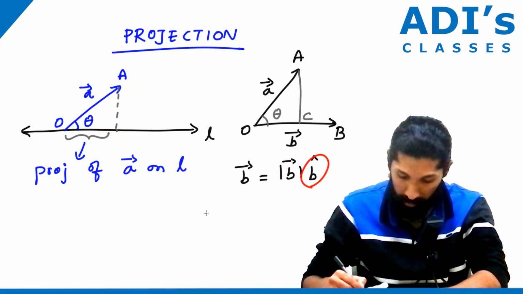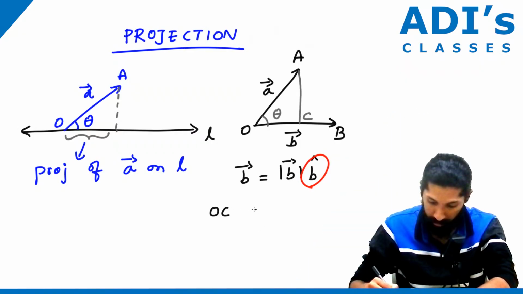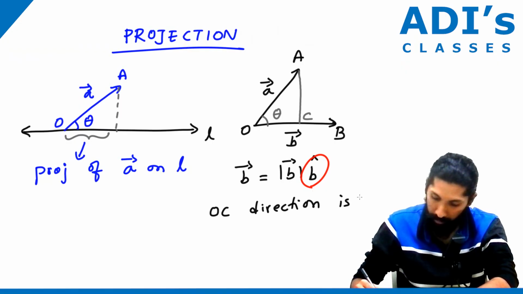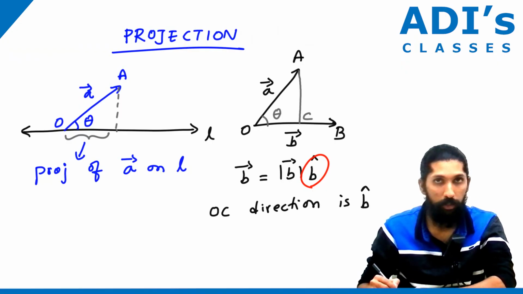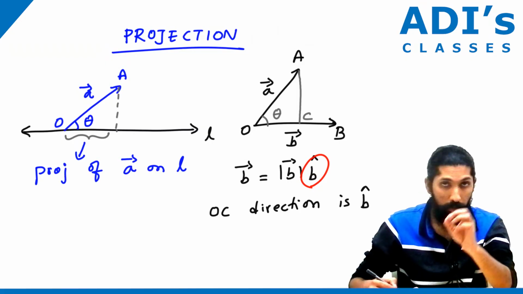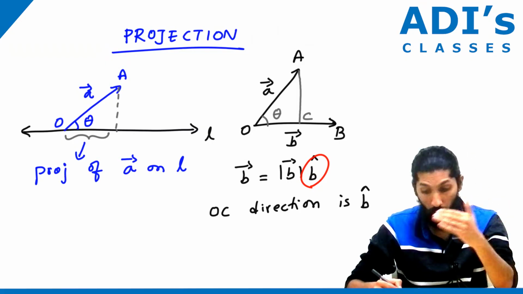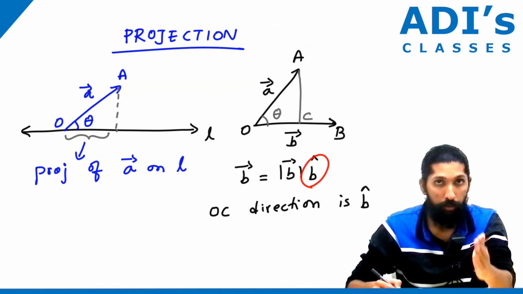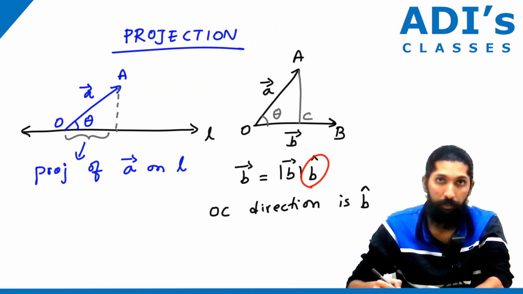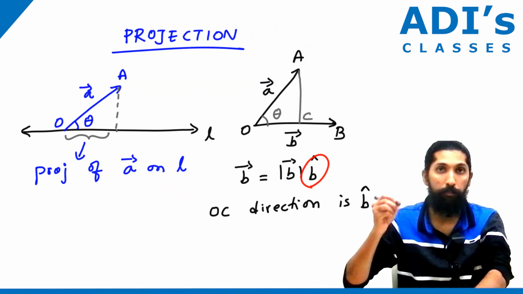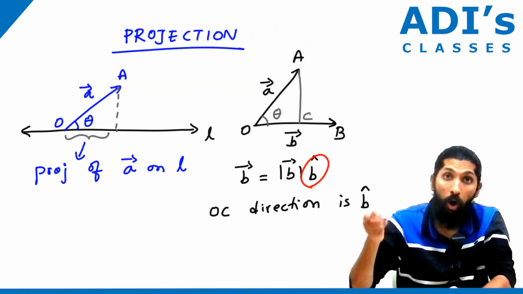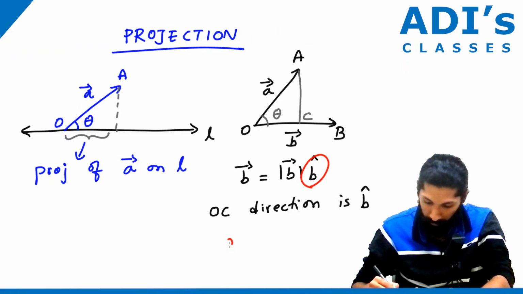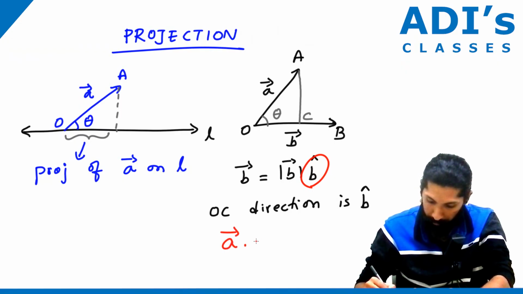So we can say OC direction is B cap. This much we understood now. So what we got is that vector A is projecting on OB here, or you can say that vector A is projecting over B cap, correct? So the projection of vector A on vector B is going to become vector A into B cap.